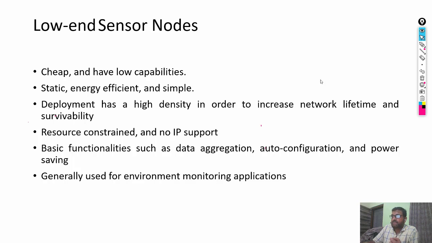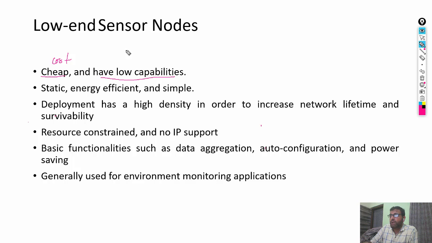What are the characteristics and the meaning of a low end node in machine to machine? First of all, a low end node means a node having a very low cost, very cheap. It also has very low computing capability.